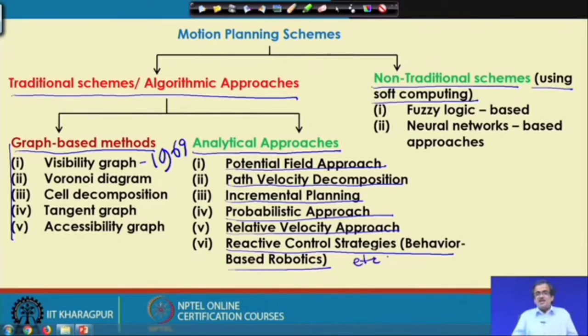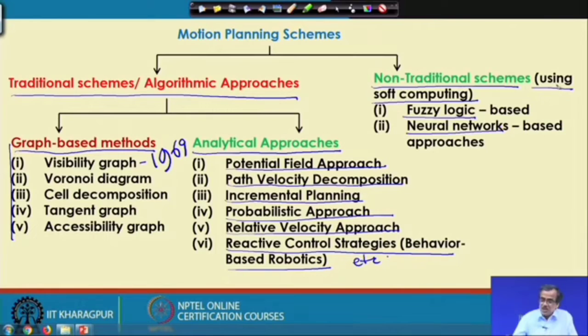So, we have got a large number of methods to solve this particular motion planning problem. Now, on the non-traditional side, we have got a few approaches like motion planning using the principle of fuzzy reasoning tool, using neural networks, using the combined neurofuzzy system, and so on.